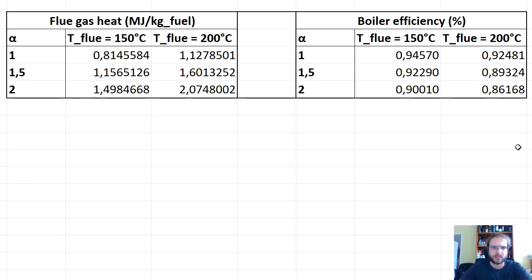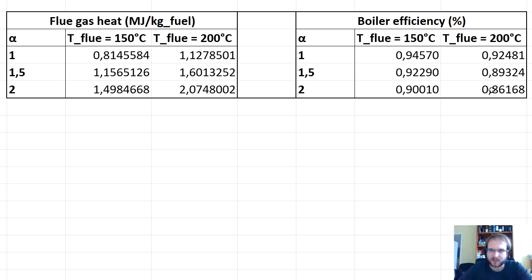And here, as the last thing, we can see the values for the range of parameters which were specified in the problem. For the boiler efficiency, we can see that with a low temperature of the flue gas outlet and ideal combustion with excess of the combustion air being 1, it is quite decent at around 95%, while if we increase the excess of the air, the efficiency decreases.